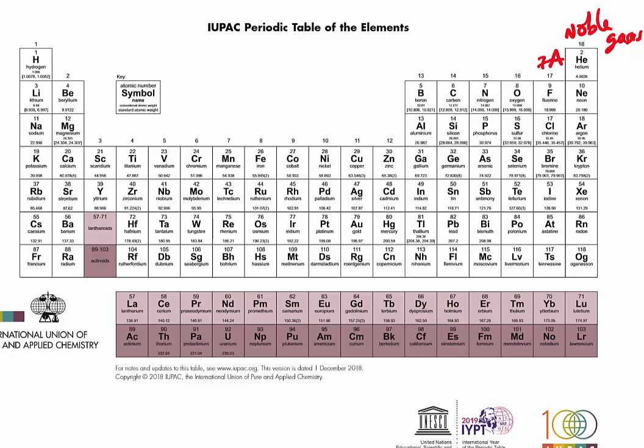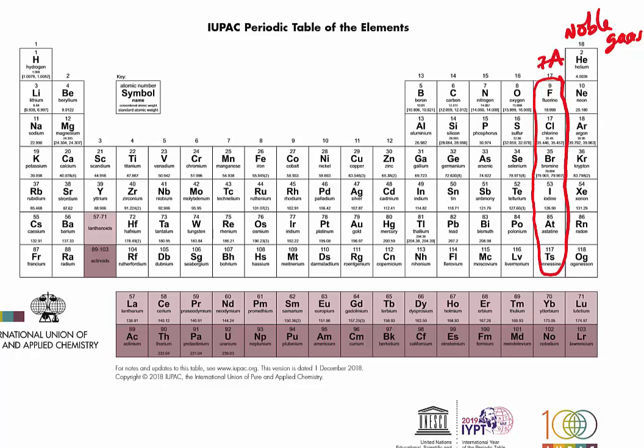And because they need only one more electron, they will be very aggressive to get that one electron. And because of that, the elements in group 7A are the most electronegative elements in the periodic table because they need one electron very badly.